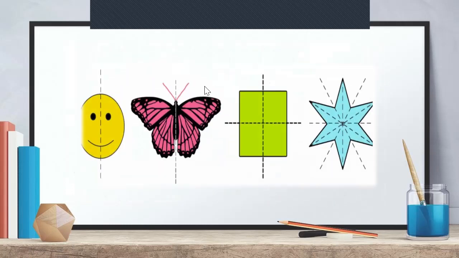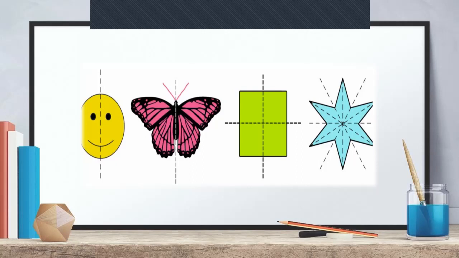Here we have an example of how we can cut or draw pictures in symmetry. Of course, you put a line at the middle and then you can start your drawing. To make sure that it is symmetrical, the left and the right will be the same or equal.